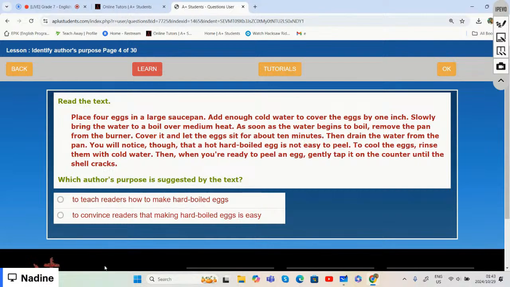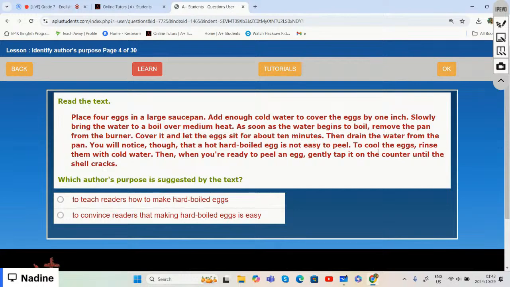All right, we need to read the text. It says, place 4 eggs in a large saucepan. Add enough water to cover the eggs by 1 inch. Slowly bring the water to boil over medium heat. As soon as the water begins to boil, remove the pan from the burner.